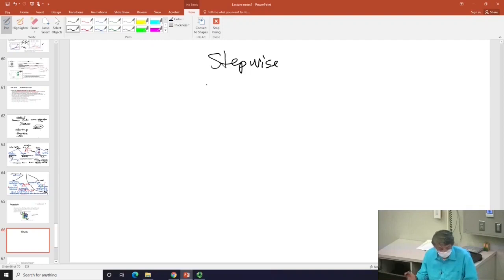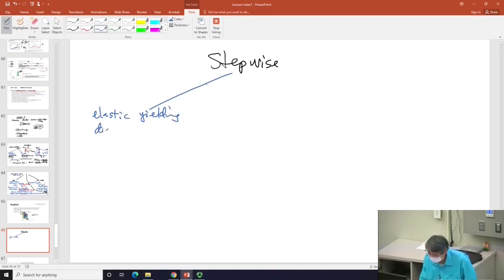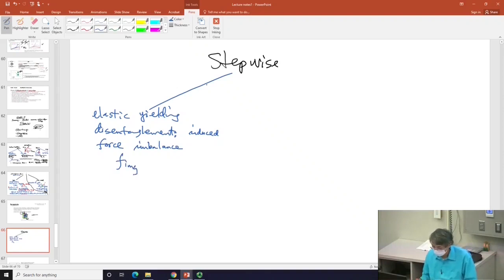We have basically a language of so-called elastic yielding. I insist that this is a good phrase. What do we mean? Well, it actually still means disentanglement. How does it happen? Well, it is induced. It is associated with induced force imbalance. How do I induce it? Because you terminated shear. What does that do? It will basically turn off the intermolecular gripping force.